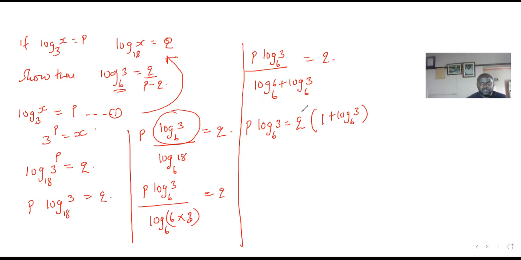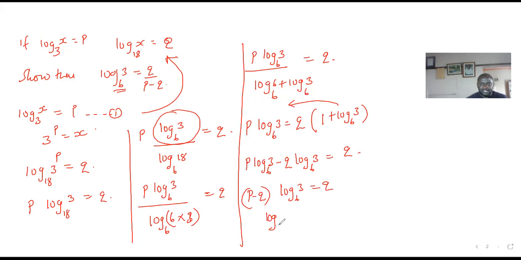Take the log 6 of 3 with the Q on the other side, you'll have P log 6 of 3 minus Q log 6 of 3 is equal to Q. When you factorize, you are experts here now, you will get log 6 of 3 is Q, and finally log 6 of 3 is Q over P minus Q, hashtag proof.